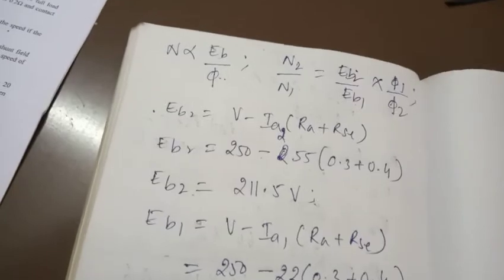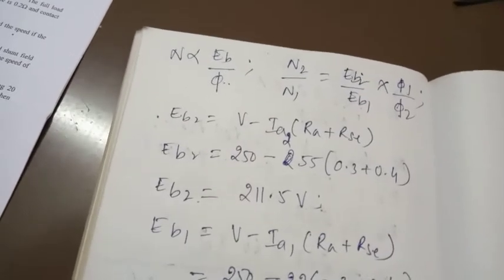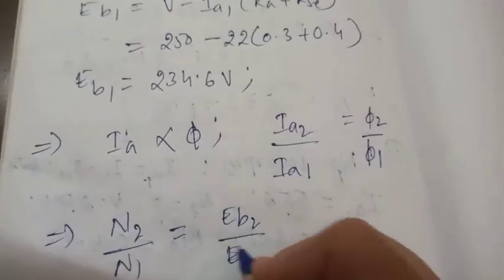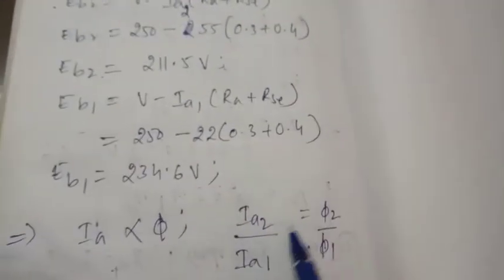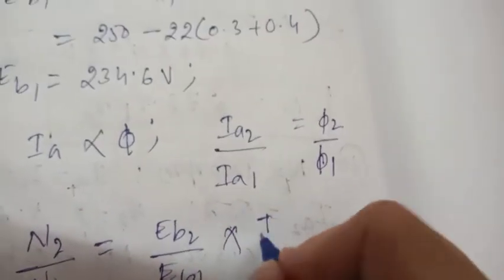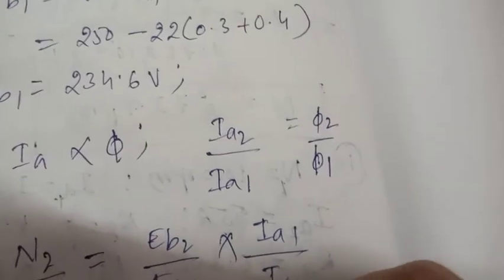Now in place of N2 by N1 is equal to EB2 by EB1 into phi 1 by phi 2, I can write IA1 divided by IA2.